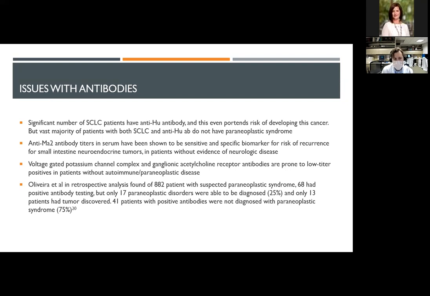In fact, if you did test positive, you would be reasonably worried about having small cell lung cancer. If you tested everybody with small cell lung cancer for anti-Hu antibodies, the vast majority of the people who turned up positive would not have any neurologic issues. It's actually only a small minority of the patients with small cell lung cancer and those antibodies that have a paraneoplastic syndrome.